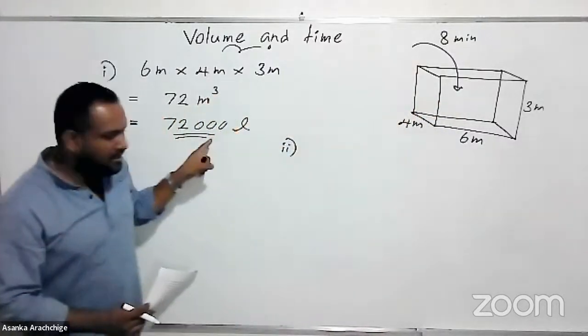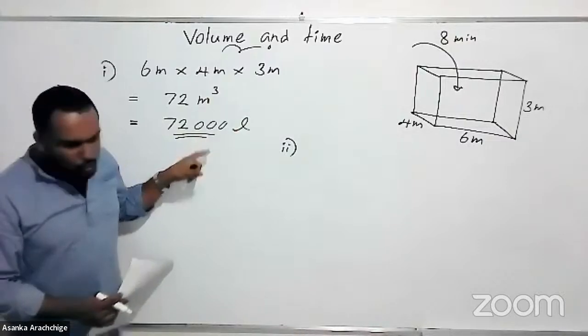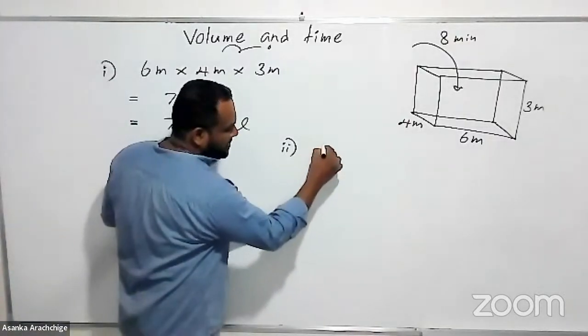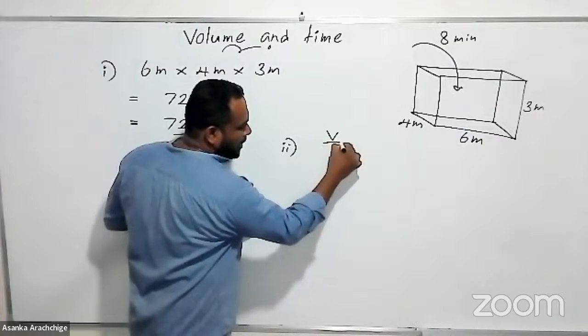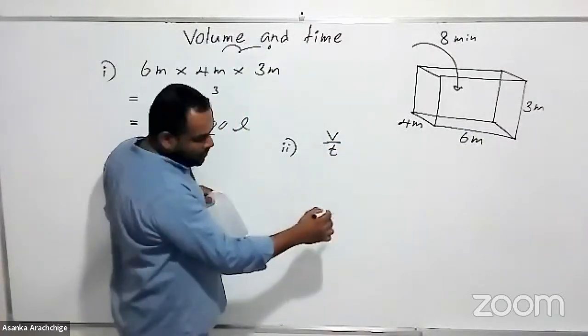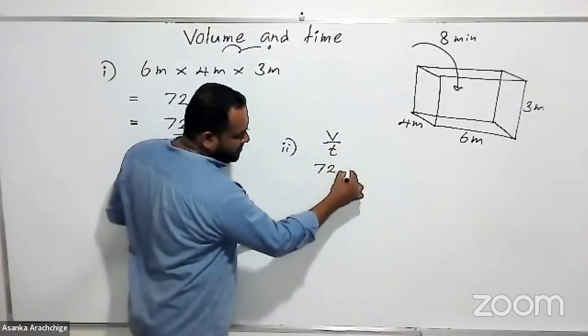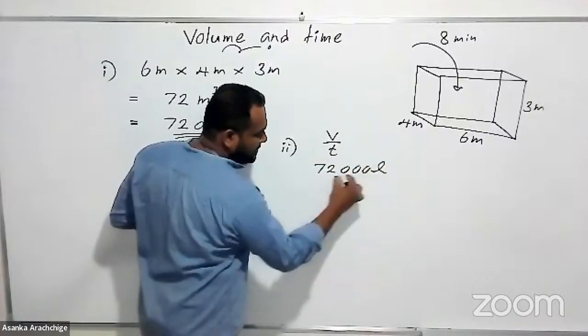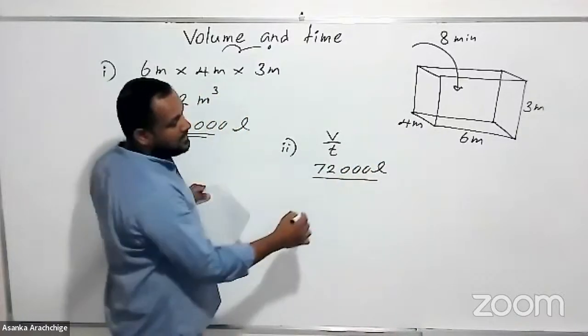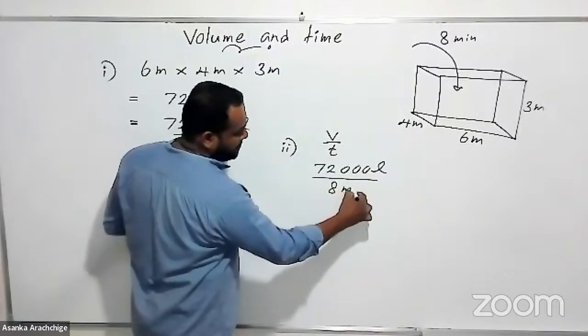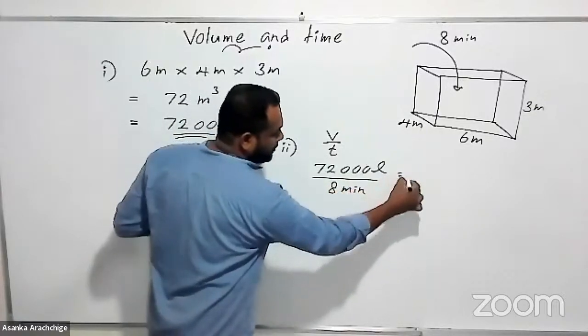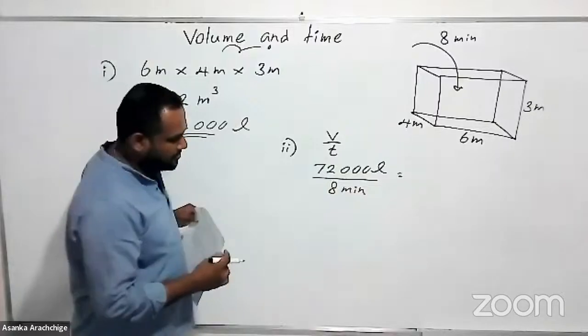That is equal to the capacity, 72,000 liters. Rate is equal to volume divided by time. So the volume is 72,000 liters. The time taken for that is 8 minutes. Now you can get the rate.